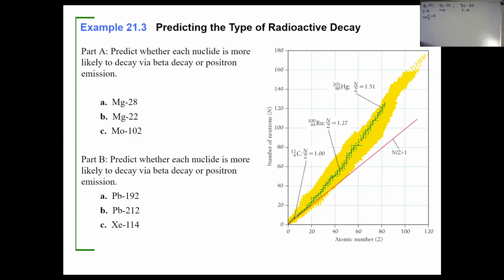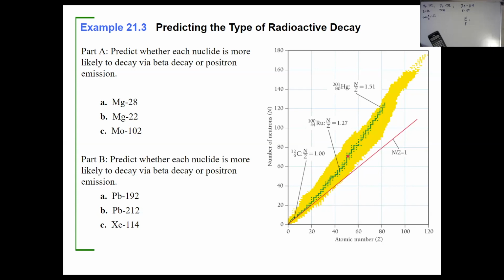For our xenon, with an atomic number of 54, we're going to be somewhere over here. If we want to calculate a stable N to Z ratio for something that doesn't have a number attached to it on our chart, we look at what N value corresponds to the area where we have stability.